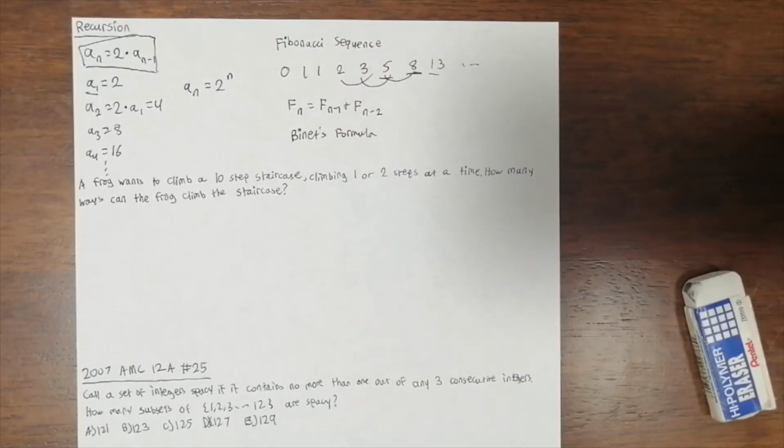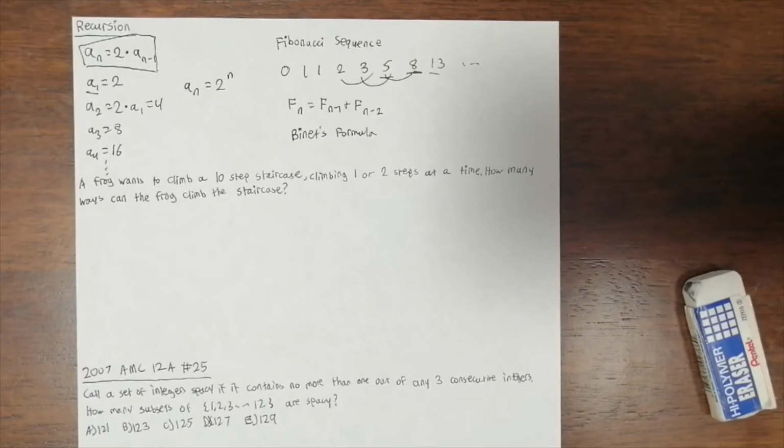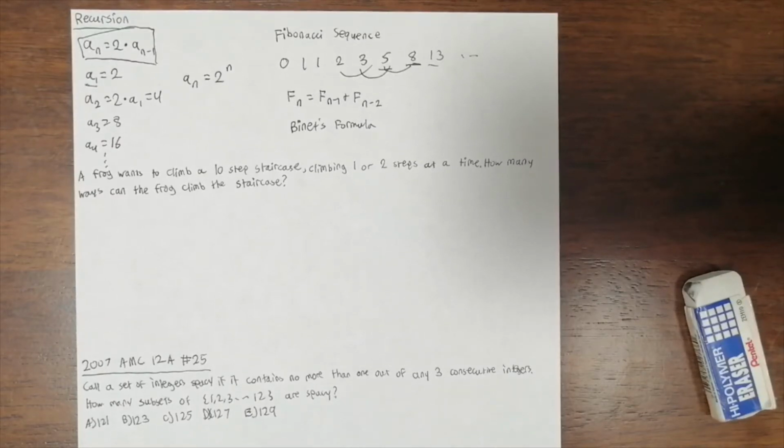Okay, so now that we know what recursion is, let's try to solve a problem using this idea. This problem states: a frog wants to climb a 10-step staircase, climbing 1 or 2 steps at a time. How many ways can the frog climb the staircase? This problem could probably be solved using concepts like the principle of inclusion-exclusion or just simple combinatorics, but I want to use recursion because it's much easier.